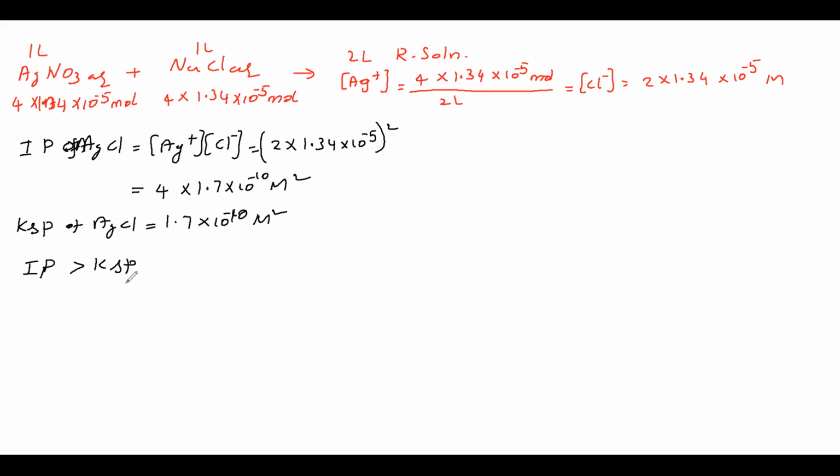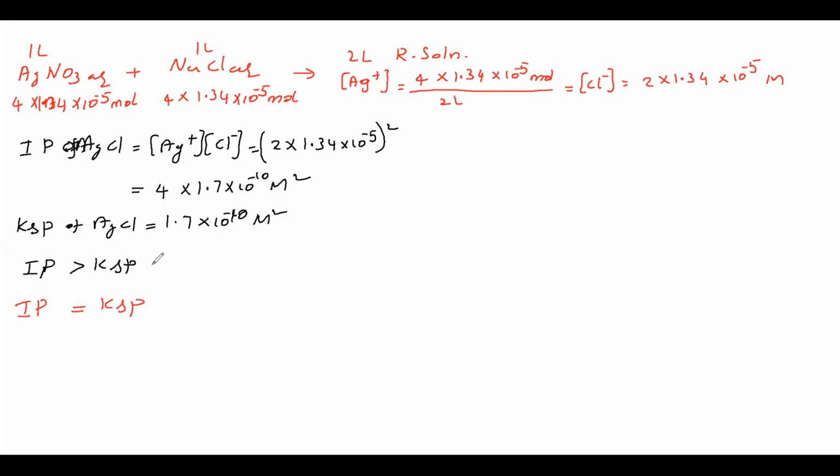That means the system wants to become a saturated solution. Ionic product is greater than solubility product here, therefore the resultant solution is not saturated. Therefore, the system wants to become saturated, for which the system will try to make ionic product equal to solubility product.